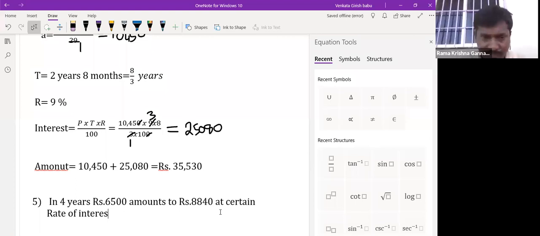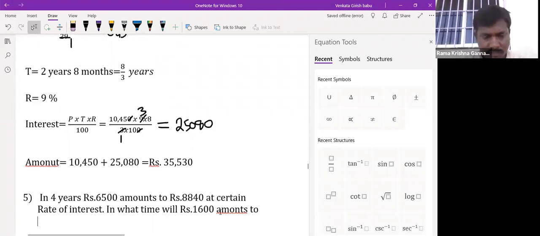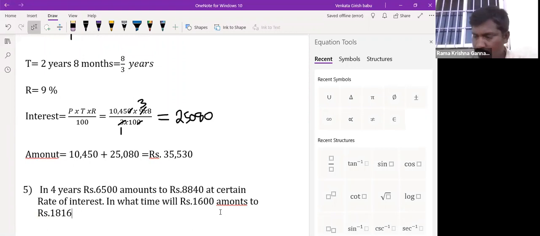In what time will 1,600 rupees amount to 1,816 at the same rate? All of you write down this problem.